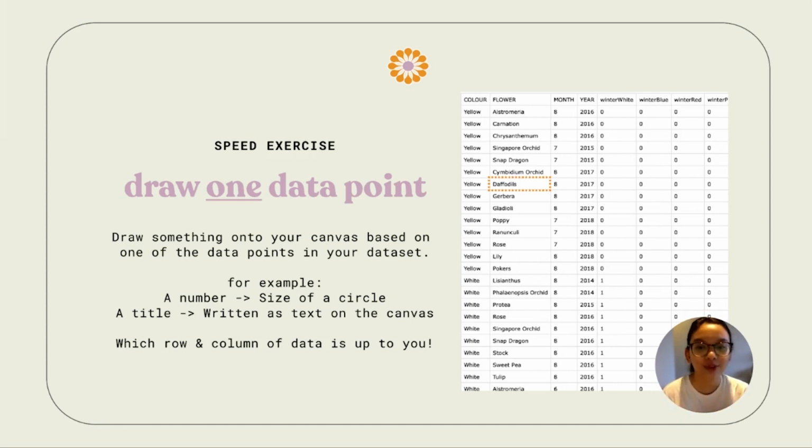For example, you want a number to decide the size of a shape, or you want a title written as text onto the canvas. Maybe you want it to influence the color of your shape. Which row and column of data, so which data point you extract, is up to you.